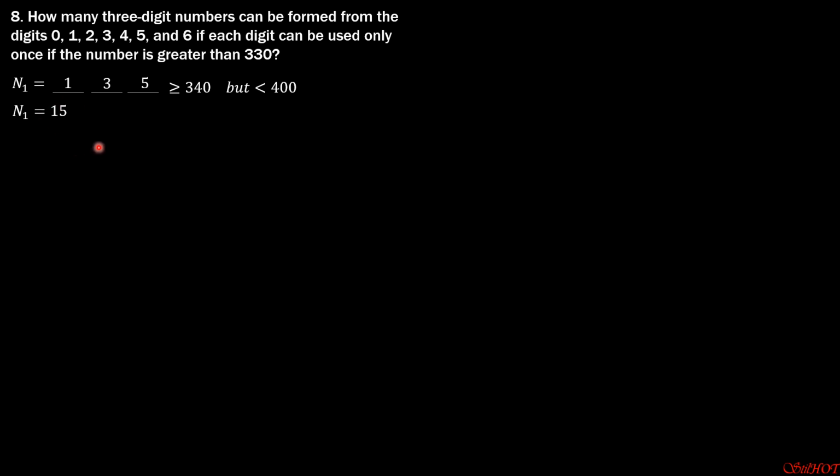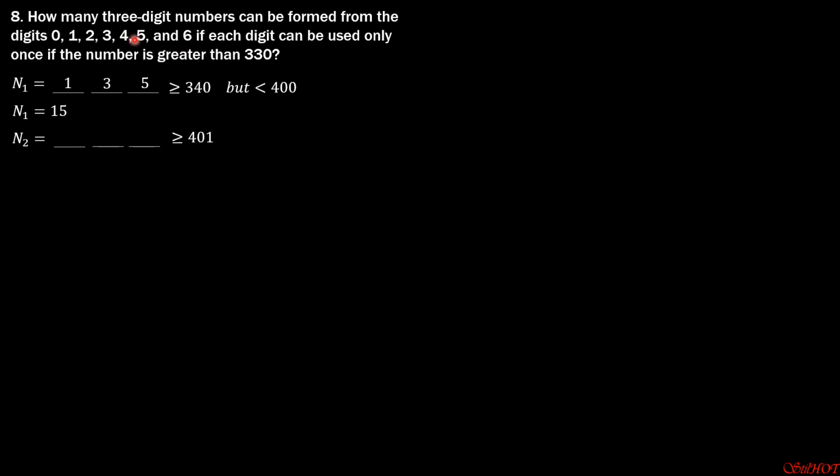Then for the second case, N2 should be greater than or equal to 401. We should base it on 401 because 400 is not qualified because 0 is repeated. So that this is surely greater than or equal to 401, we should assign a digit here which is equal to or greater than 4.